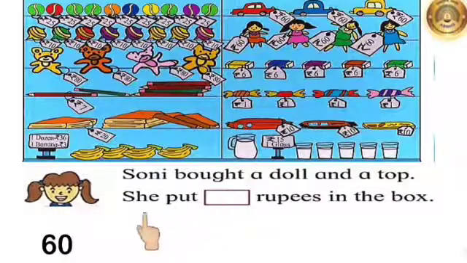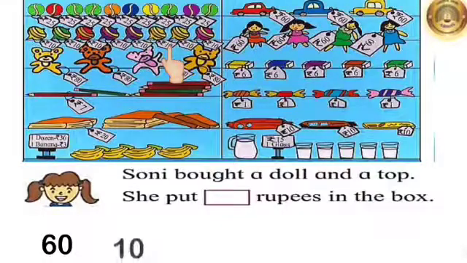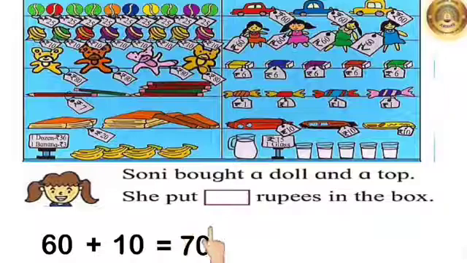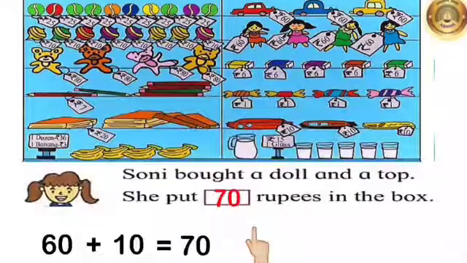So we will take 60 rupees. And a top. And what is the cost of a top? 10 rupees each. So we will take 10 rupees. And together means addition. It becomes 70 rupees. So she put 70 rupees in the box.